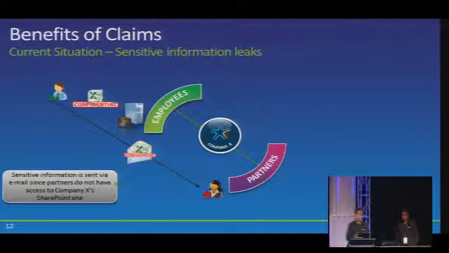So the user would find the most convenient way to share information or collaborate. What they do is just attach the document to an email and send it across. This is really a big security hole because sensitive information can leak that way, not to mention how many versions of the document are stored on the email systems.